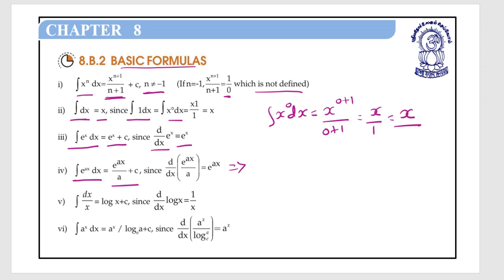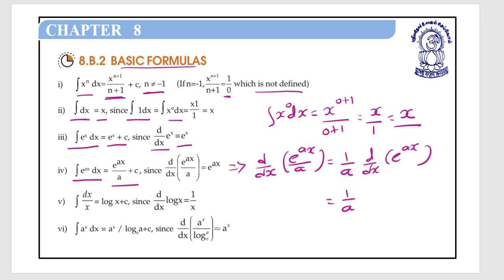You can solve by d by dx of e raised to ax upon a. 1 upon a is constant. So d by dx of e raised to ax is equal to 1 upon a, e raised to ax. Now again take d by dx of ax.